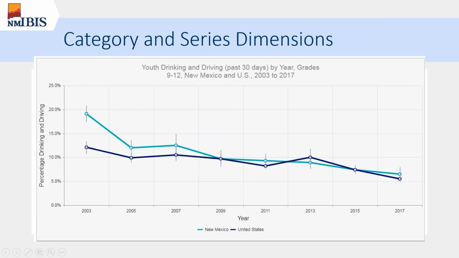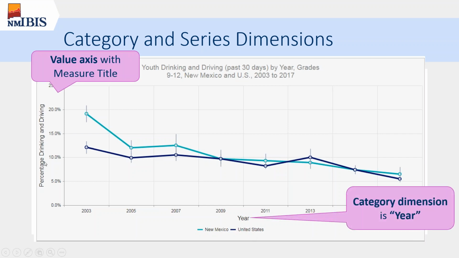So multiple data points per category indicates that you have more than one data series. Another clue about series is that anytime a series dimension is used, there will be a legend with the series dimension values in it.